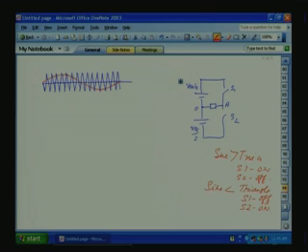So when S1 is on, we know the pole voltage is VDC by 2, otherwise minus VDC by 2. If you see, sine is greater than the triangle, so it is VDC by 2.